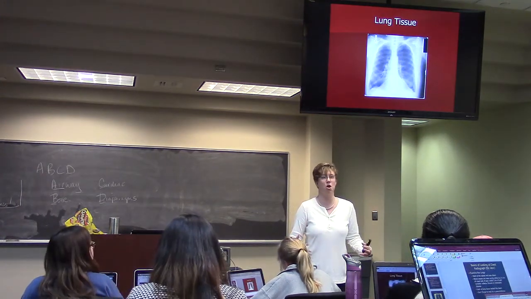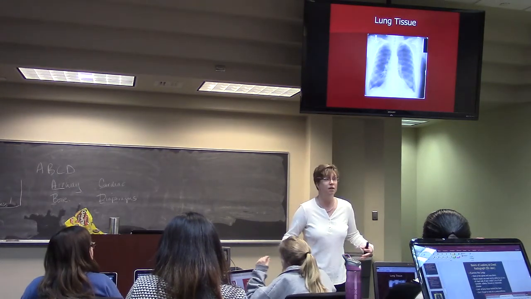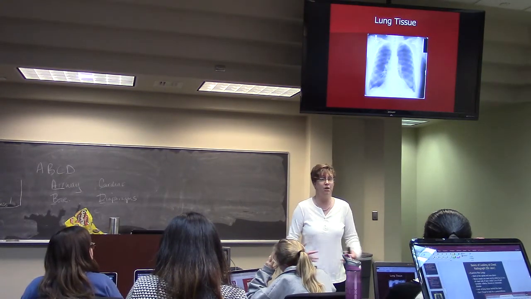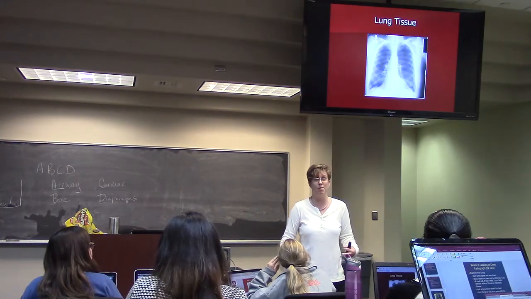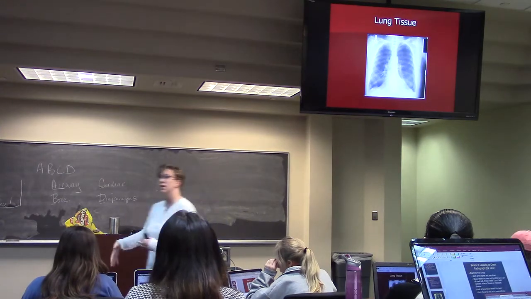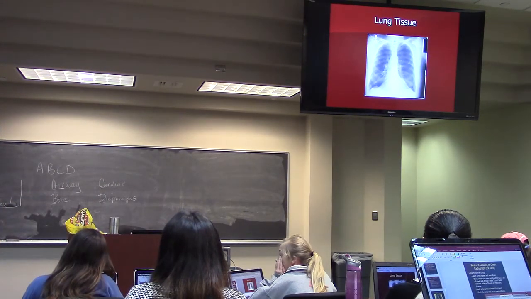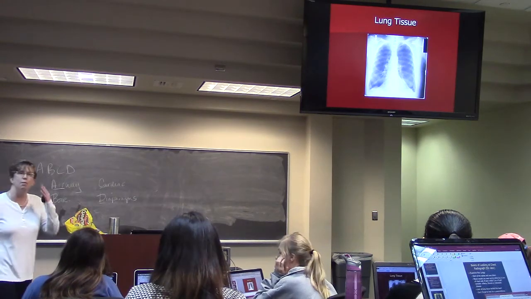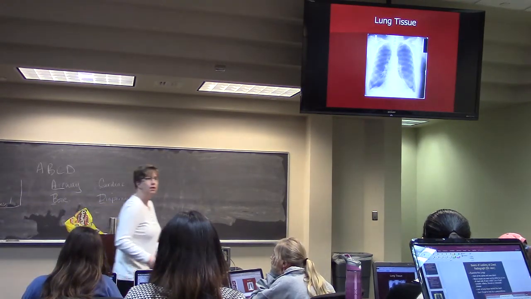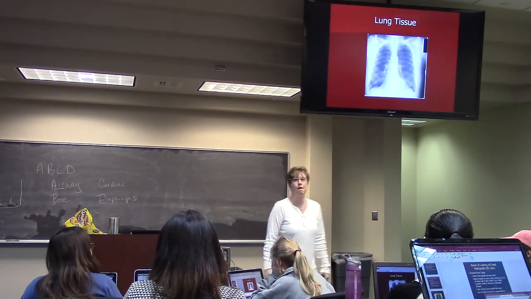Where does most of your oxygen transfer happen? It's the bottom, right? You guys know this. Physiology, you're going to know this. This is where most of the transfer happens. Because gravity, it's tougher to get the blood up than it is to get it down. It's that simple. So my lungs would look a little wider on the bottom compared to the top if you just took an x-ray. Because water is more dense than air.